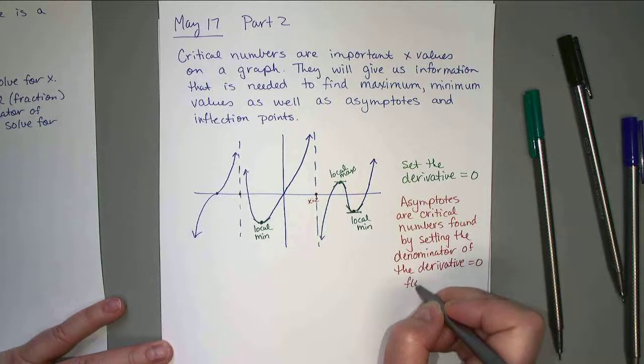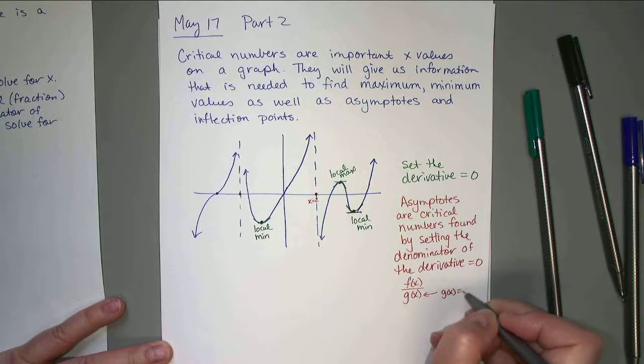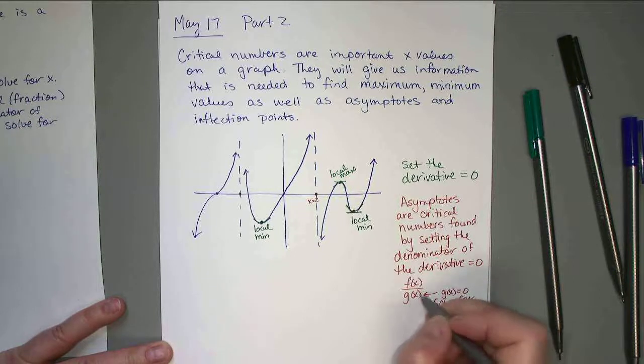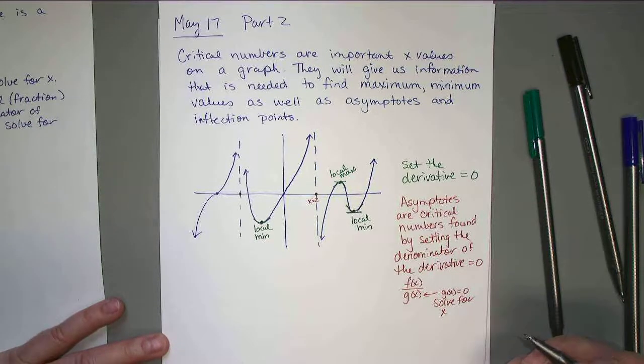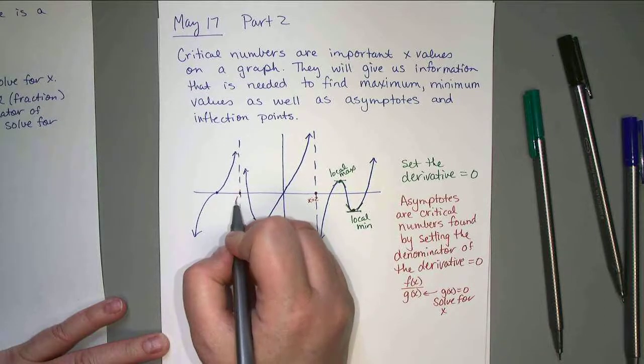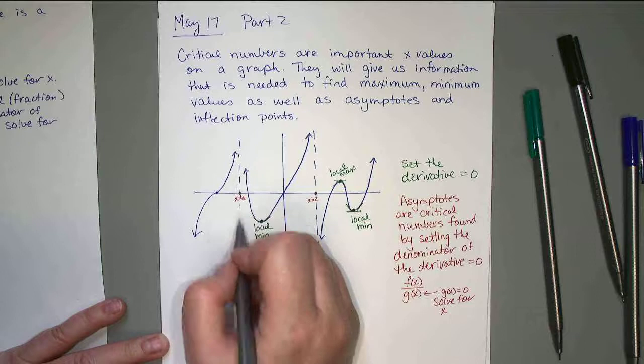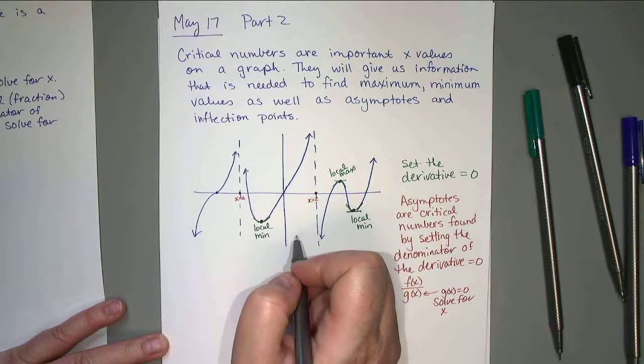So we've got a derivative that has x's on top and on bottom. By setting this equal to 0 and solving for x, we're finding the values that don't work in the function. And when something doesn't work, how we see that on the graph is at an asymptote. I just put an A here. This could be any x value, but there's 2 of those that we would find.